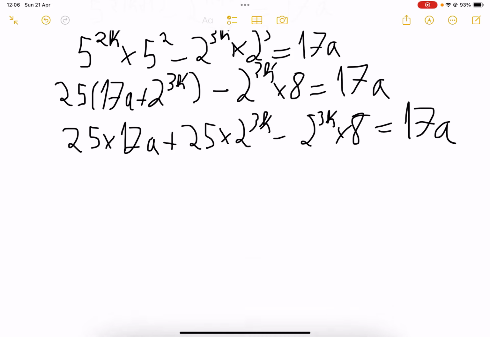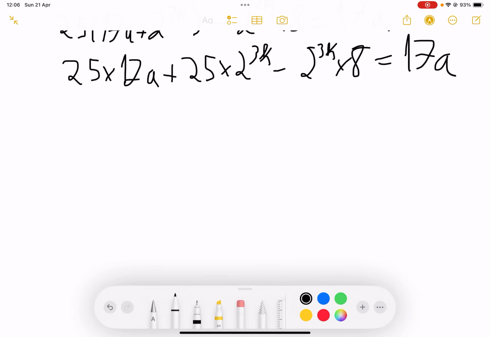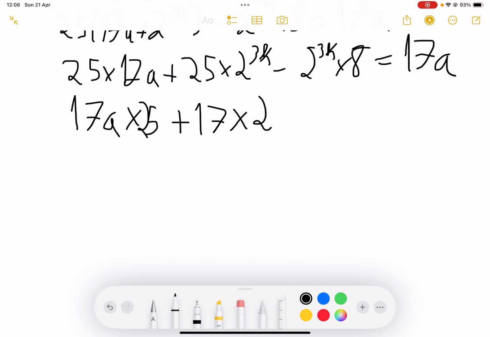Right. So now, we will separate these. So 17a times 25 plus 17 times 2 to the power of 3k, is equal to 17a. Well, actually, this should be more like 17b, but it really does not matter.